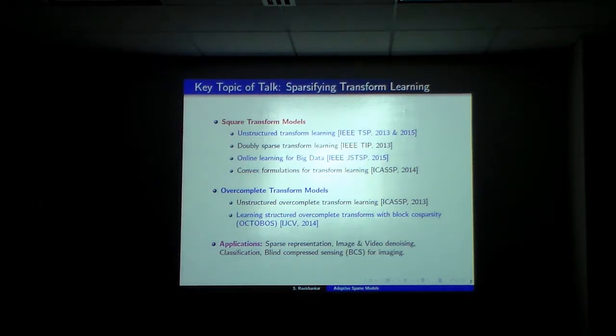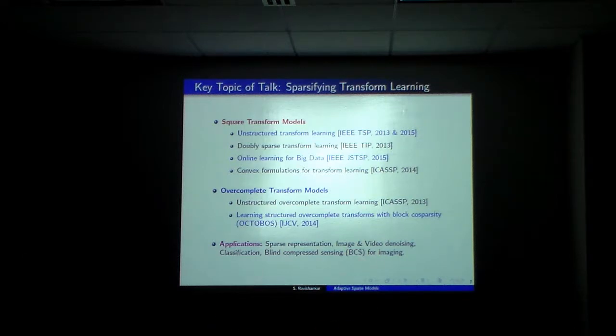And there are various flavors of transform learning that we have been working on and have proposed over several years. This is just a listing of several of these transform learning methods. Some of these methods learn square transforms, that is, they learn square matrices. And there are others that learn overcomplete or tall matrices.